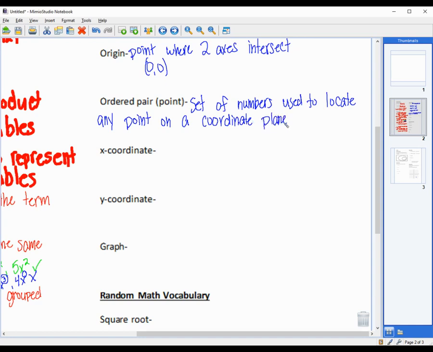Okay, and the way that we write ordered pairs is this form right here. Okay, x, y. So our x goes first and our y goes second, which kind of gives us our definition for these next two. Okay, x coordinate, the first number of an ordered pair. All right, which tells us that the y coordinate will be the second number.